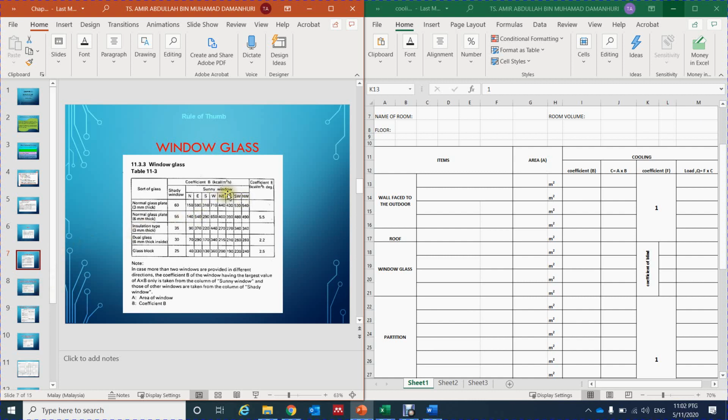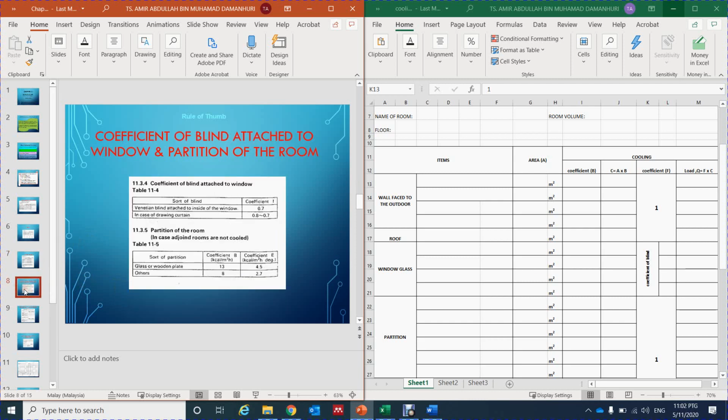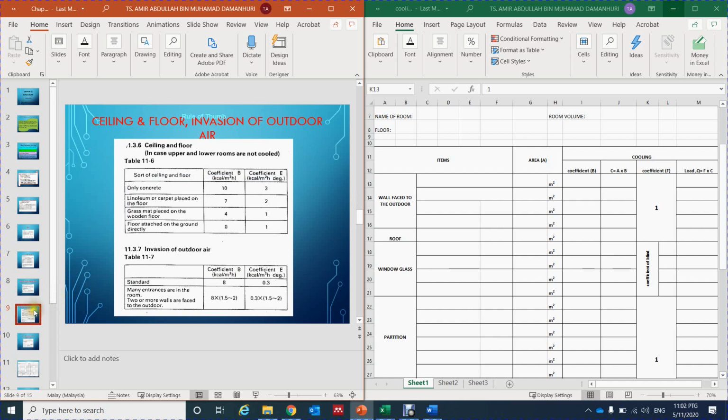And then please beware, we are only looking at the coefficient of B here, and then next one will be the coefficient of blind that is attached to the window, and then we have the partition of the room. In case the rooms are not cooled here, we have the glass or wooden plate and others, so we are looking at the coefficient of B also. Now we have the ceiling and floor.